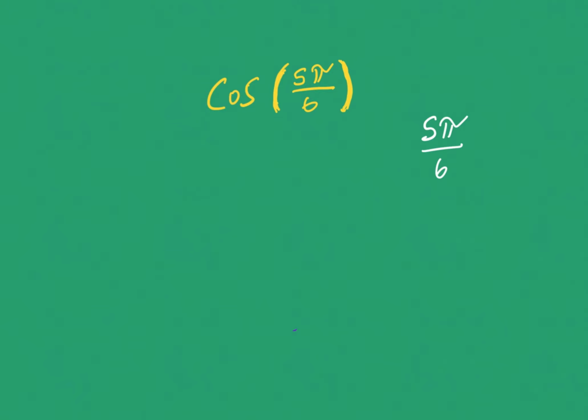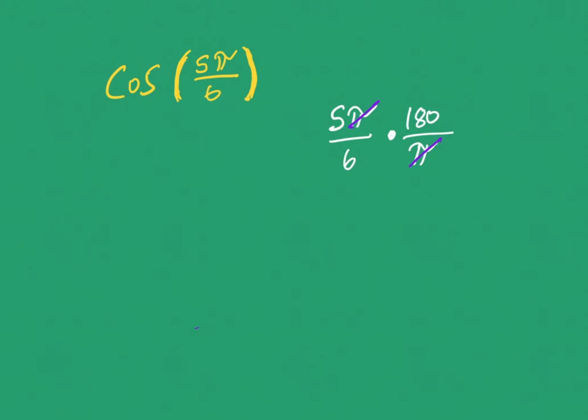We can graph degrees. So remember, to change something from radians to degrees, you multiply by 180 over pi. So when you multiply this by 180 over pi, pi's cancel out. 5 times 180 is 900.